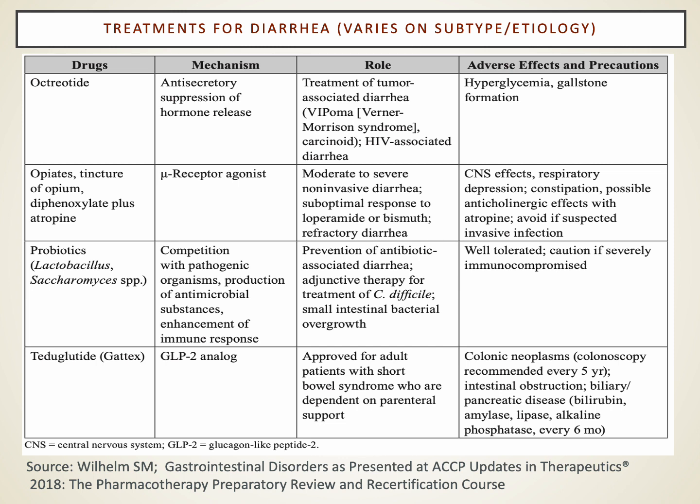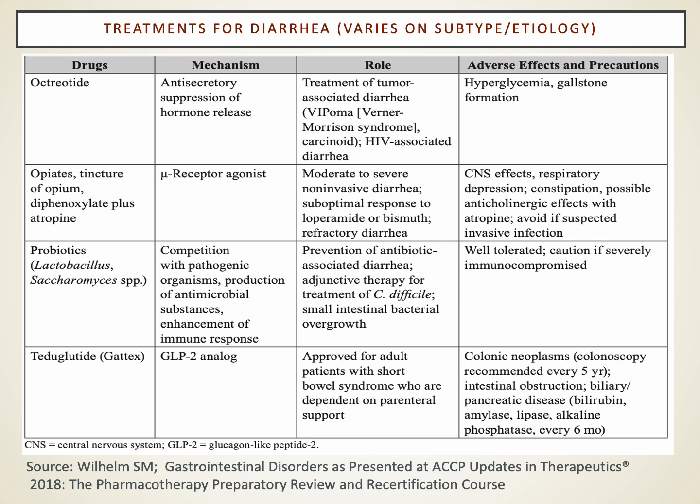For folks who have certain tumor-related diarrhea, we can sometimes see subcutaneous administration of octreotide, suppressing hormonal release from some of these tumor-secreting diarrhea issues. We don't see it used often, but occasionally you'll do.